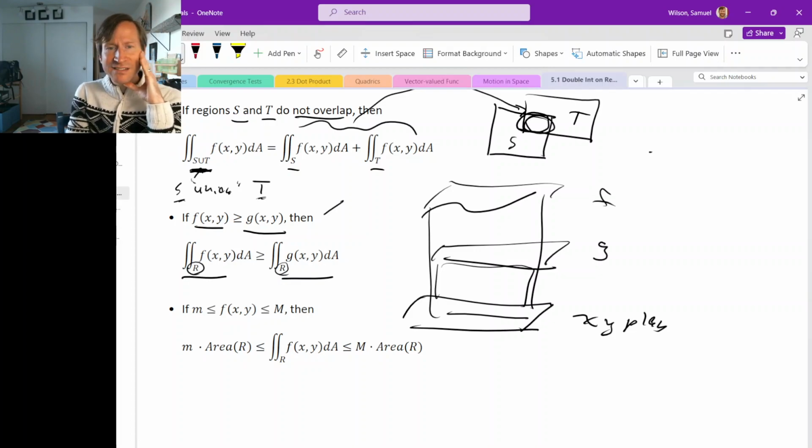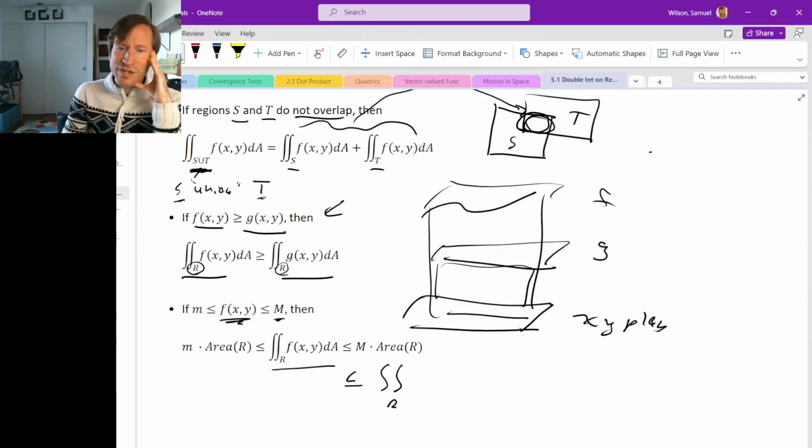One special case of this is that if your function is less than some constant M, that means that the integral of your function would be less than or equal to the double integral over the region of the constant function M. But we can slide that M outside, and if you integrate dA, you just get area, right?